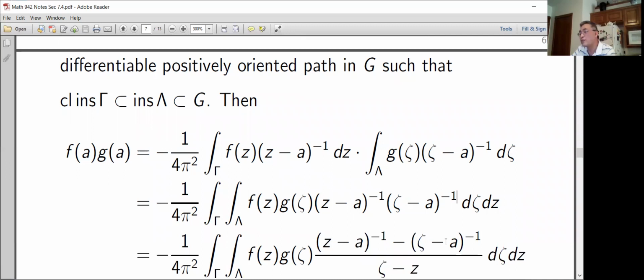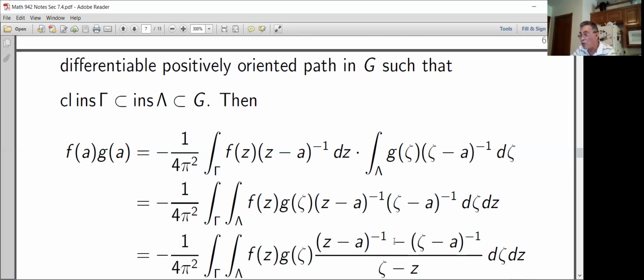We start from this integral and change this to a common denominator. So the denominator is z minus a times zeta minus a, and the numerator is just zeta minus z. Then we cancel this, so we get that. So if a is a number, this is equal to that, and it is easily, straightforwardly verified.